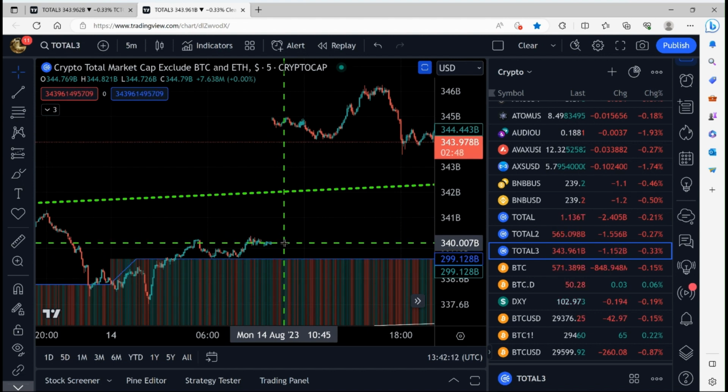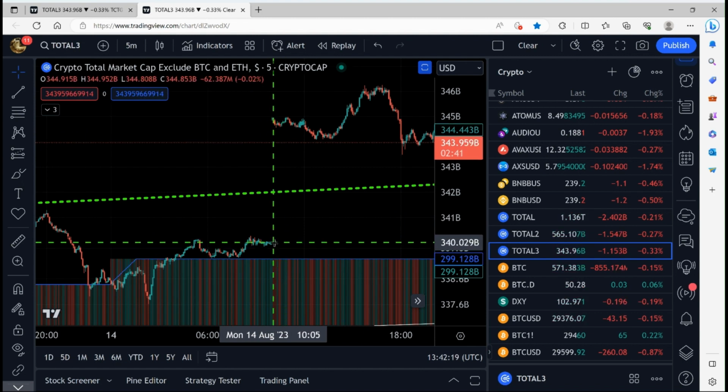Now, this has changed. What the chart was showing yesterday, or up until just the past few hours, was a move from 340 billion up to about 357 something billion. It's like about an $18 billion move, sudden spike suddenly.